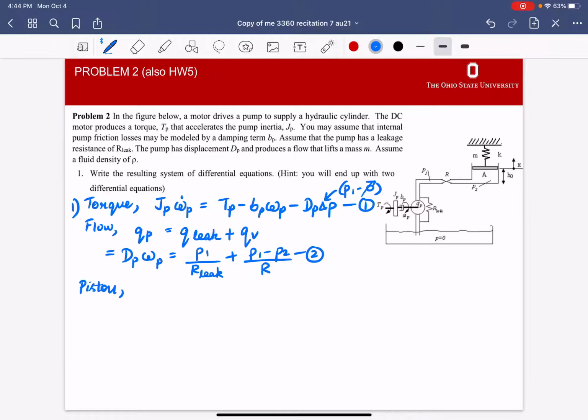So we have m x double dot is equal to the hydrostatic force coming from the bottom minus kx, the spring force. And I'm going to call this expression 3.